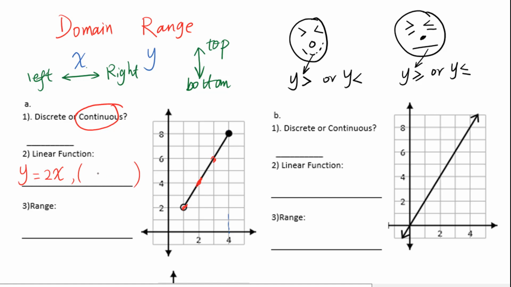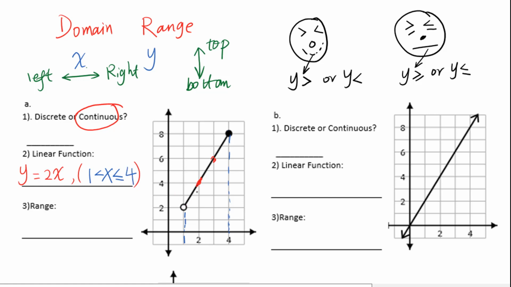So for this x domain, you look at the very left point, it's 1. Very right point is 4. Open circle means no equal sign. So x greater than 1, less than or equal to 4.